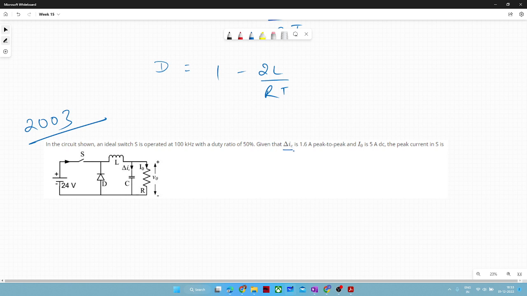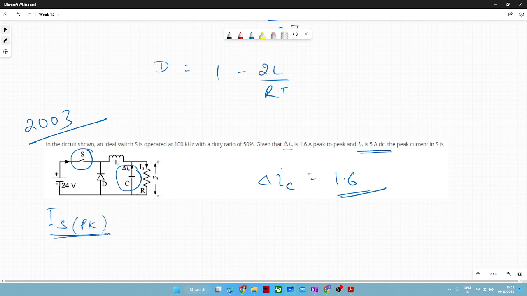They indirectly said that del IC is 1.6 ampere peak to peak. And they gave the value of I naught, which was 5 ampere, and they asked to find out the peak current in switch S. So we need to find out the value of the switch current.